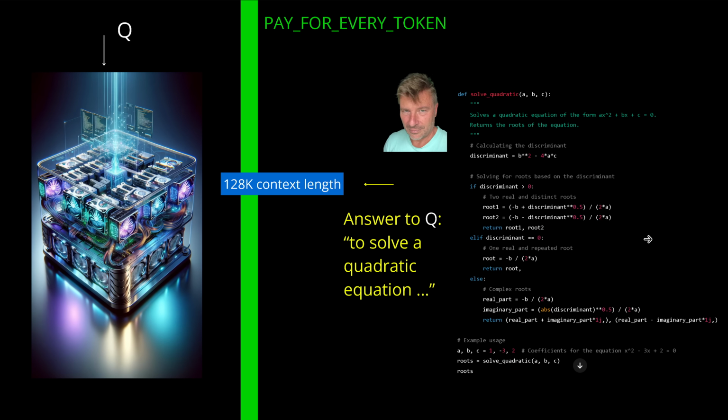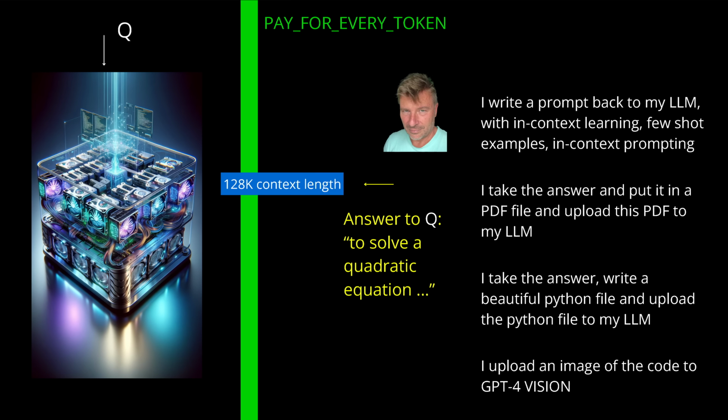Great. So you see, really easy done. Or I upload an image of the Python code to GPT-4 Vision, which is also integrated in the new OpenAI. So you see, the way I feed back a solution in a multimodal system is also almost unlimited. So there's no problem with this.